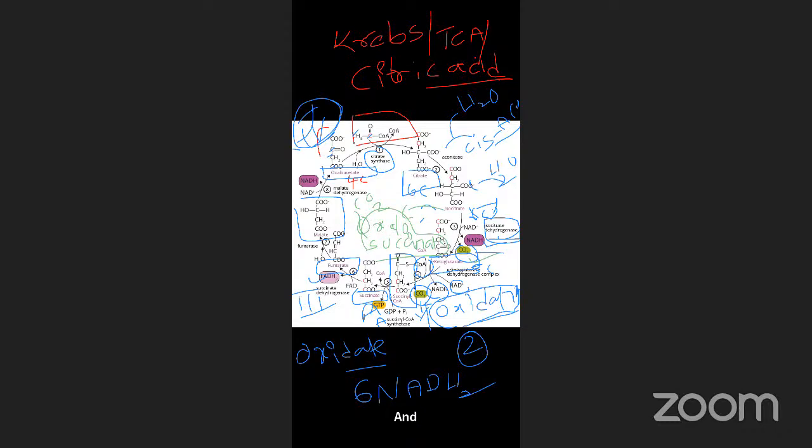How many FADH2 formed? 2 FADH2. Total ATPs across all cycles and glycolysis: 4. Write down these are all.